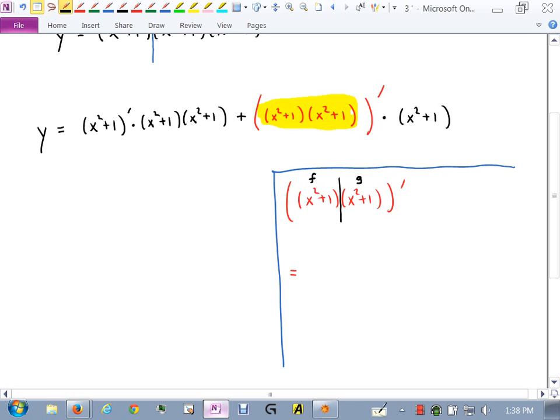So now, what is that? Let's write it down. It's going to be the derivative of x squared plus 1, times x squared plus 1, plus x squared plus 1 times the derivative of x squared plus 1. Now go ahead and take your derivatives there.